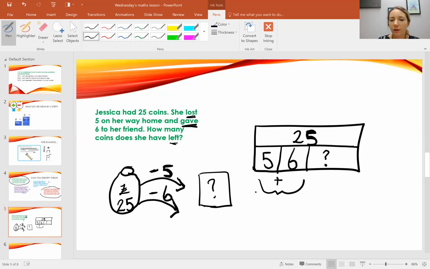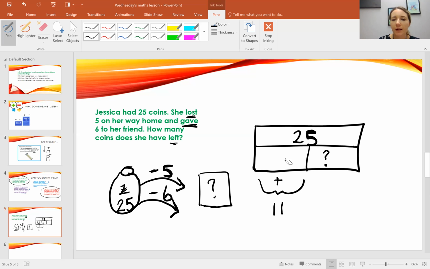this part of the bar. So 5 add 6 equals 11. Okay, so then we've got this part of the bar. We know that this part of the bar is 11. So then it goes back to our bar that we're used to.